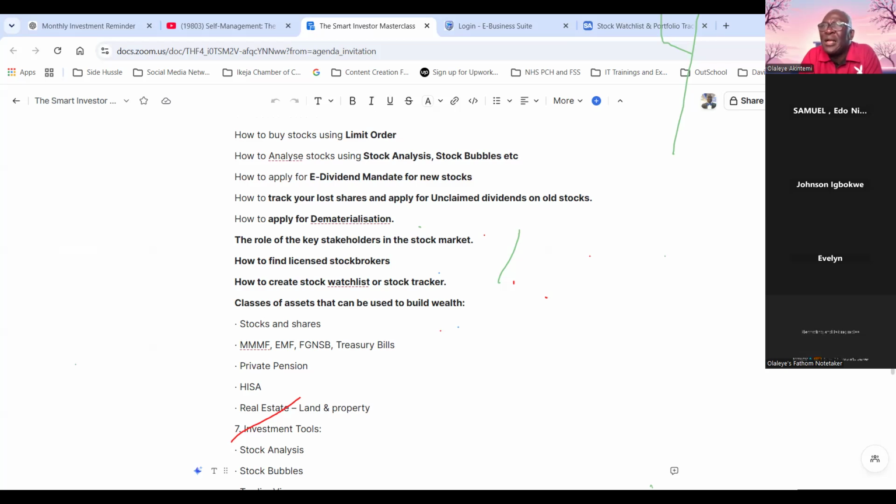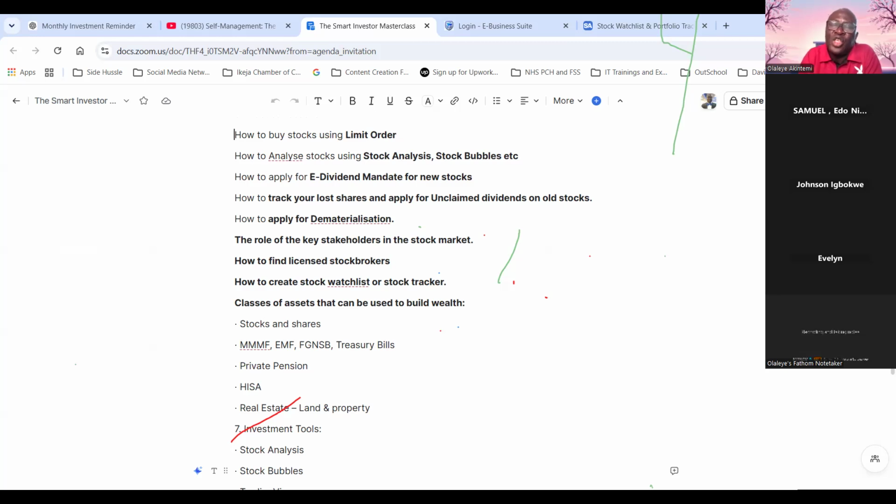I can easily click a link and go to the EDSS portal. And then I can put in the name of the stock that I have just bought and do everything online and move on. And that's the way I would suggest you should be doing your e-dividend mandate. You only need to do e-dividend mandate when you buy a stock for the first time.